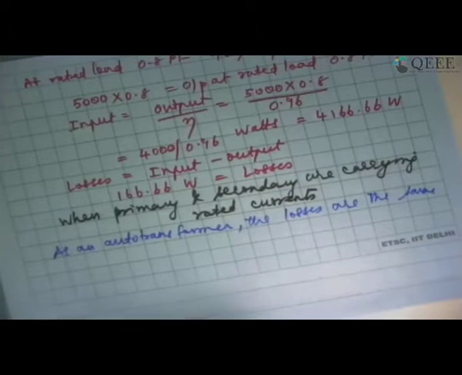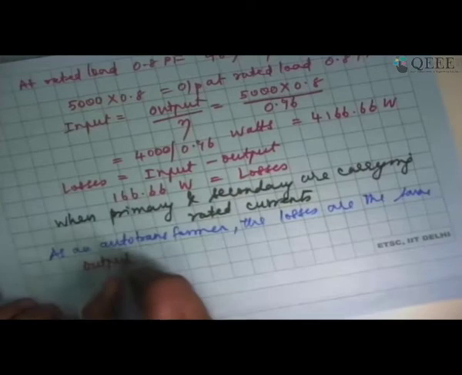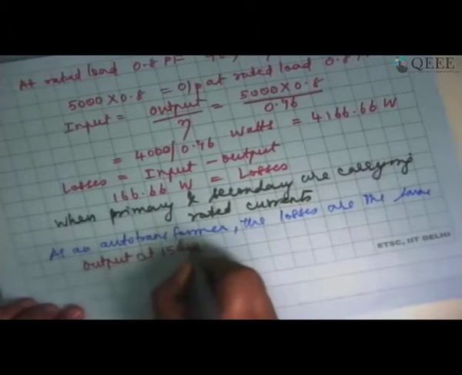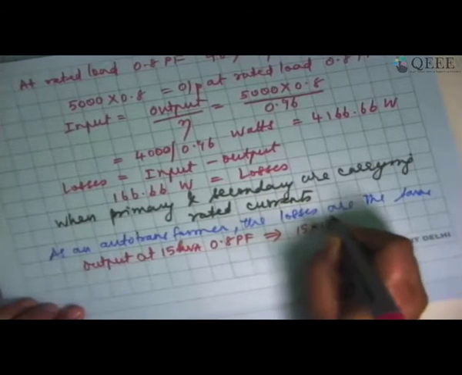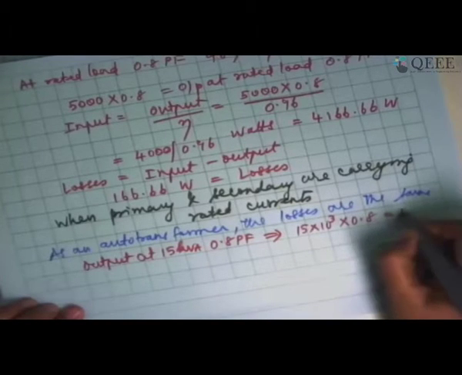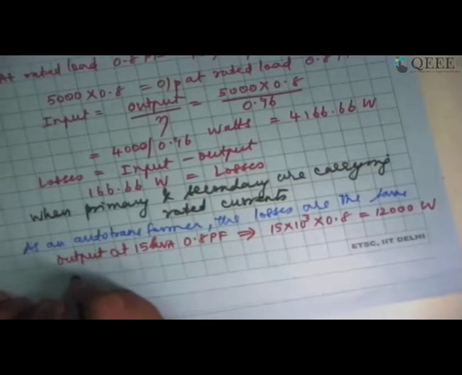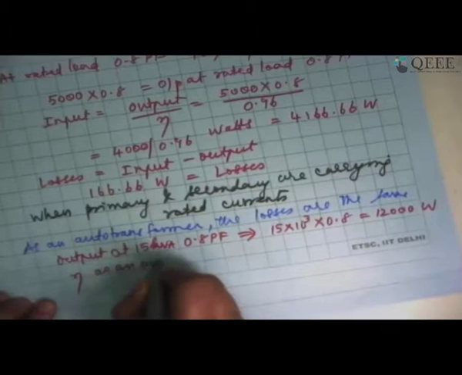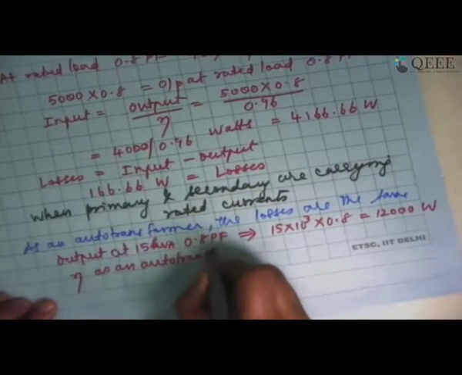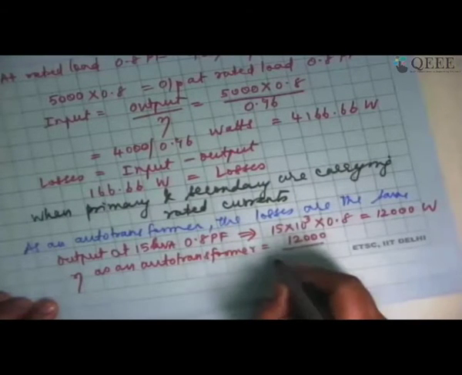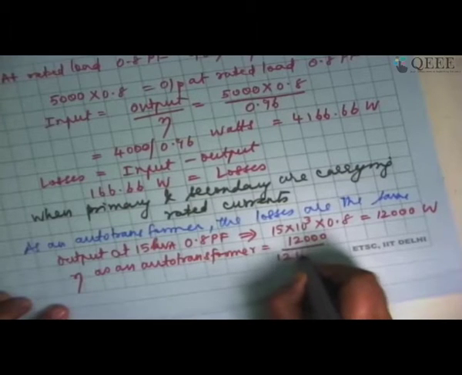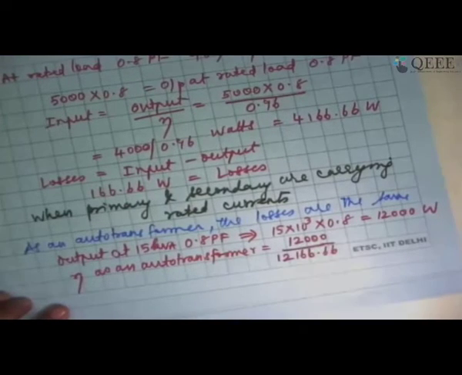Now I can say output at 15 kVA, 0.8 power factor is 15 into 10 power 3 multiplied by 0.8. So that is 12,000 watts. So I can say efficiency as an auto transformer is equal to 12,000 divided by 12,000 plus 166.66 losses.